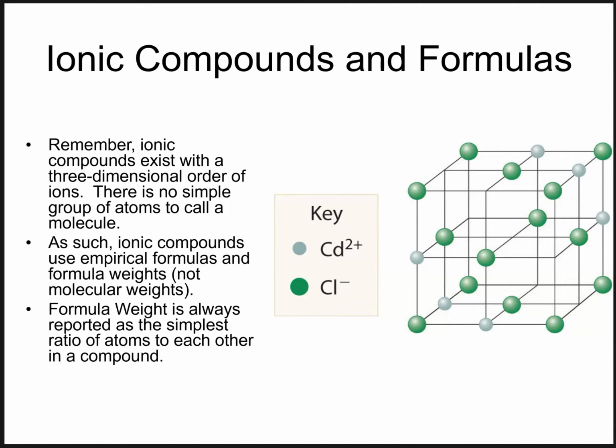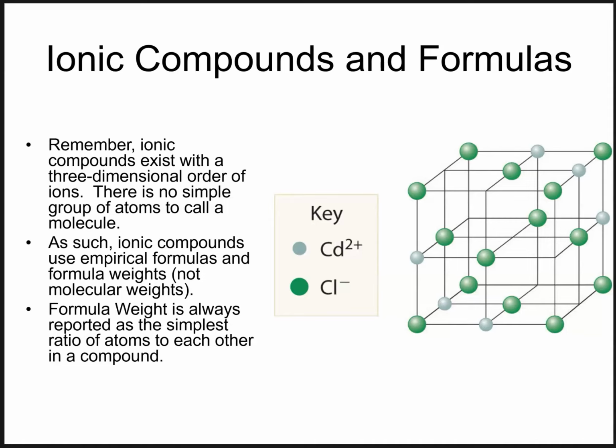If I have, for example, cadmium and chloride ions, I could have any number of actual atoms present. But what we base the formula weight on is the ratio of cadmiums to chlorides, because the ratio of the cation to anion is what defines the properties of that material.